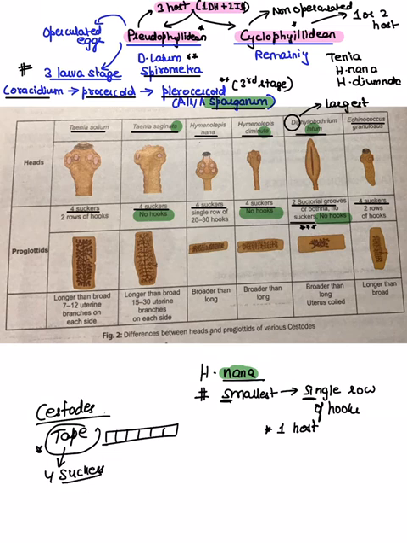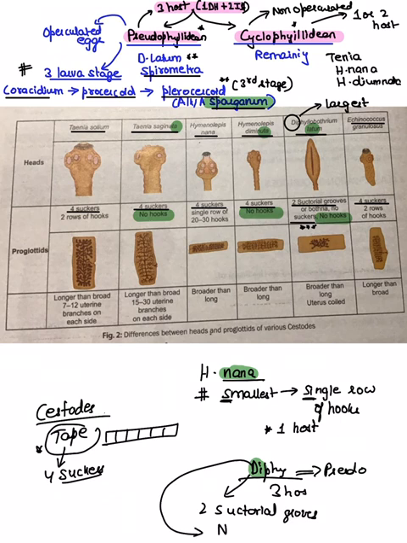Diphyllobothrium latum belongs to pseudophyllidea, so it has 3 hosts. How can you remember it? Di means 2, so it has 2 suctorial grooves. Suctorial grooves are not present in the others, but it has them, and two things are absent: there are no hooks and no suckers.